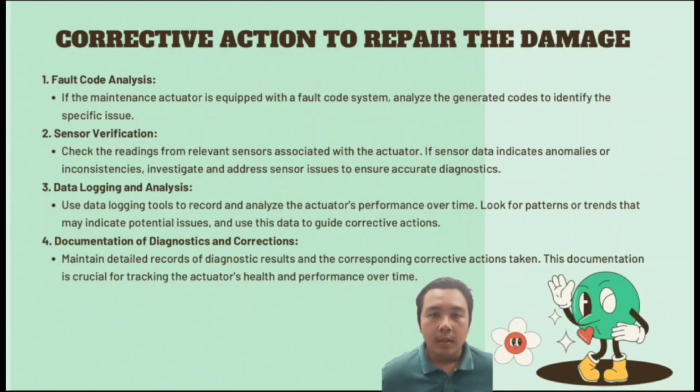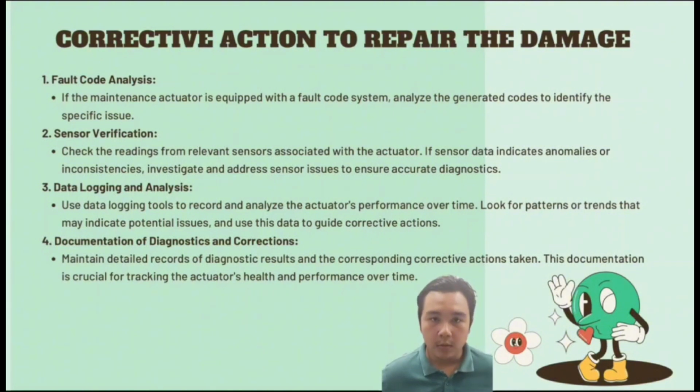If the sensor data indicate anomaly or inconsistency, investigate and address sensor issue to ensure accurate diagnostic. Third one is data logging and analysis. Use data logging tool to record and analyze the actuator performance over time. Look for pattern or trend that may indicate potential issue and use this data to guide corrective action.